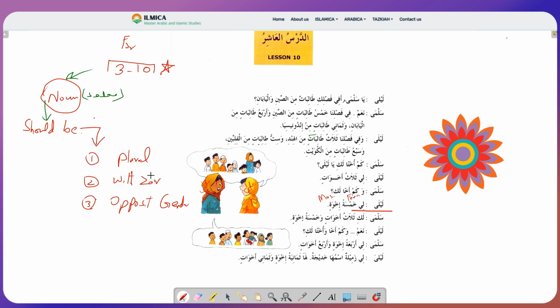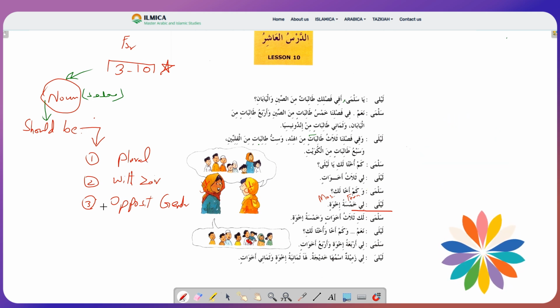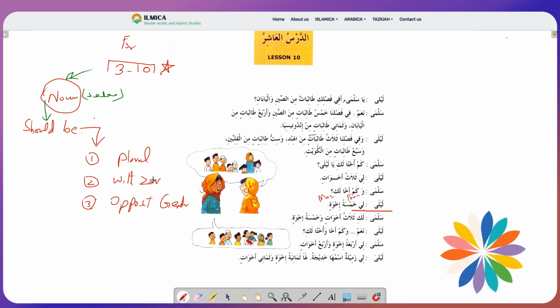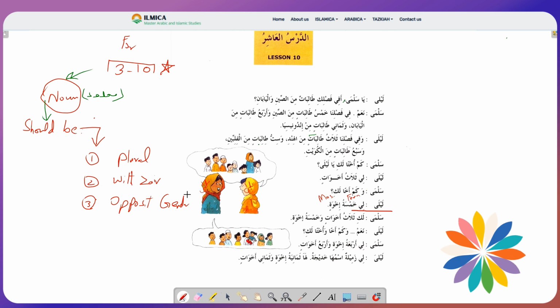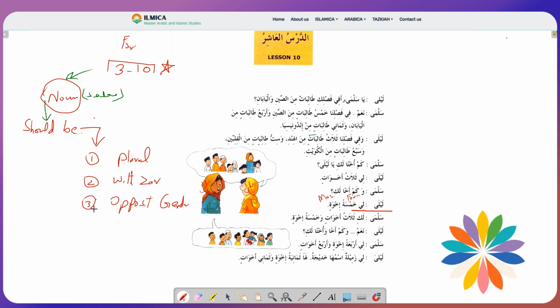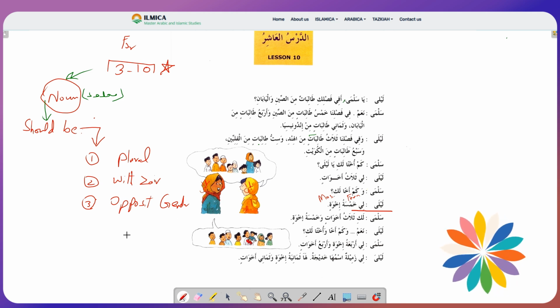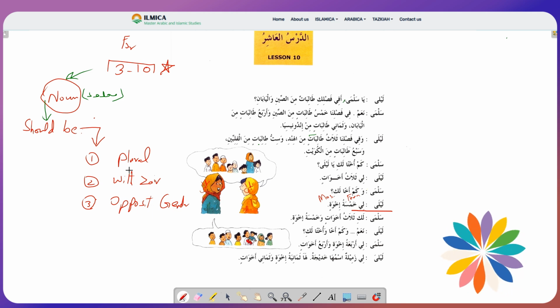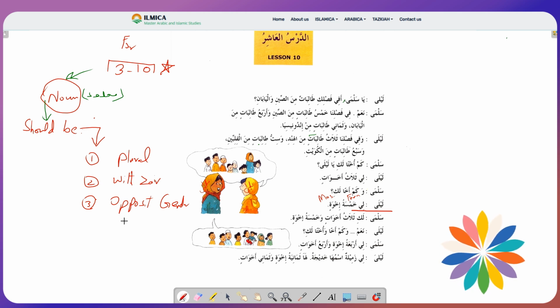Number one, the noun should be plural, not singular. Number two, it should be with tanween, which means there is tanween at the end. And number three, very important, it should be opposite gender from the number's gender.